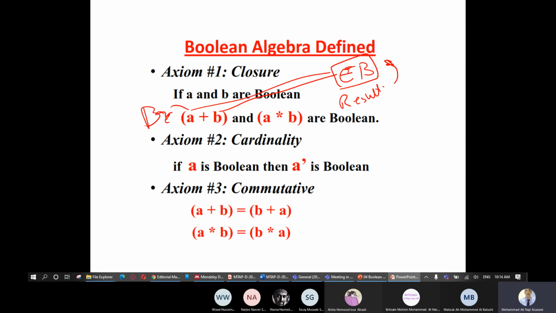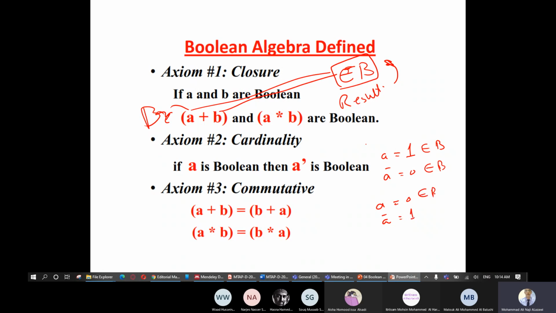Now cardinality. If A is a Boolean, then A prime is a Boolean. Again, we can prove it. If A is equal to 1, then A prime equals 0, right? That means this one belongs to B, and this one belongs to B. If A equals 0, then A prime equals 1.